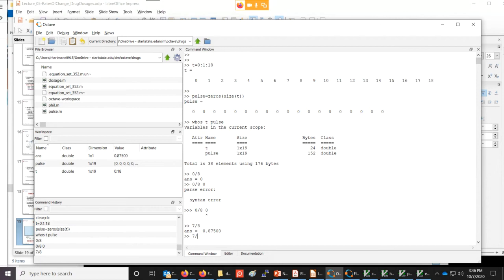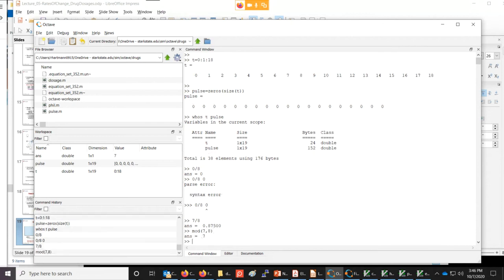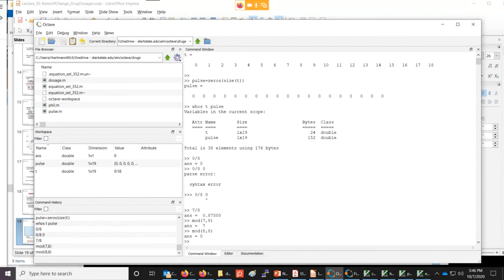If you do it here, it gives you fractions. But if you're looking at integers, it's going to be 0 with a remainder of 1. So if we do mod of 7 comma 8, the answer is 7, because it's basically looking at the remainder. But if we do the mod of 8 divided by 8, we get 0.